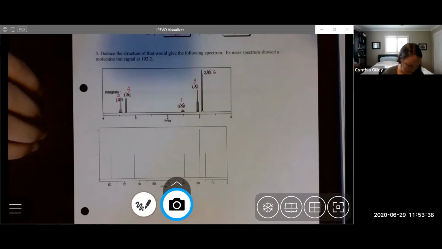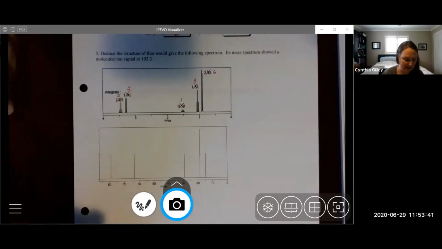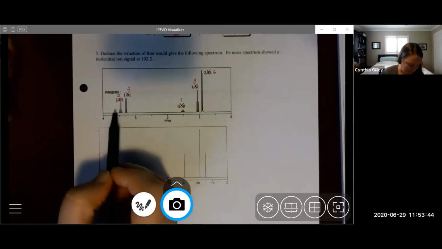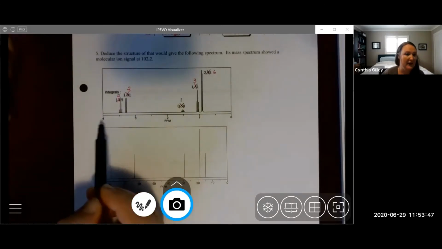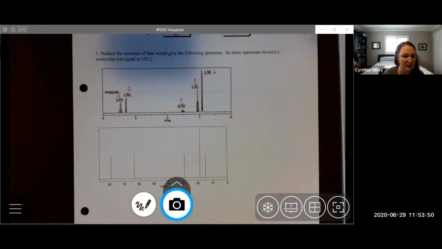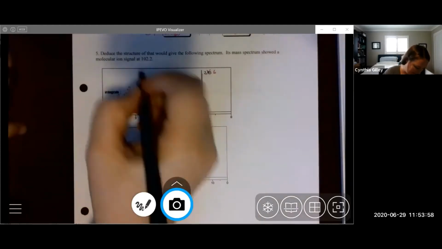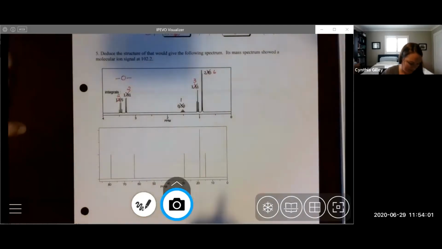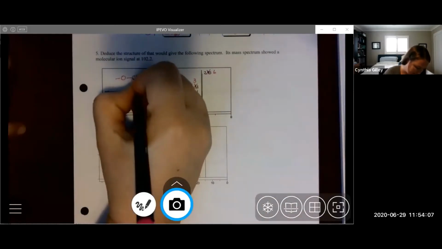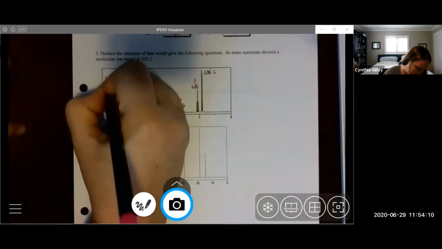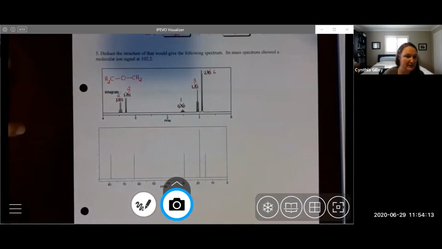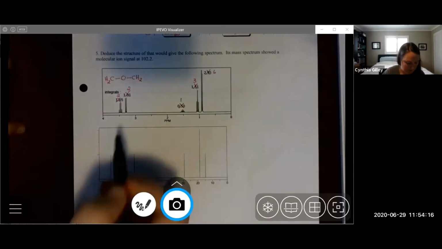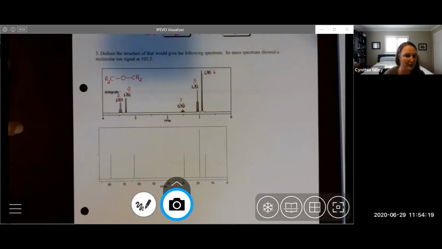Okay, so one of the things that I saw immediately is the fact that I've got signal in between 3 and 4. That usually means proximity to an electronegative atom, most commonly oxygen. So over here we might have an oxygen, and then we've got these signals that integrate for 2, right? So we would have CH2. So they're both attached to the oxygen, that's why both signals are around 3.5.